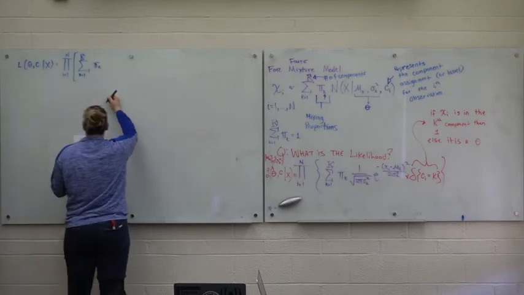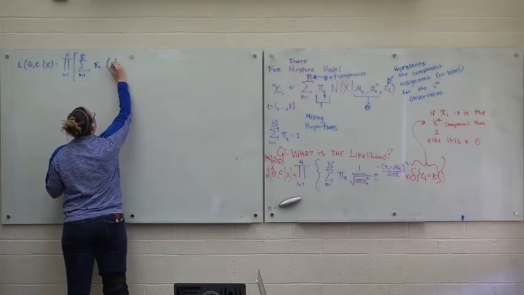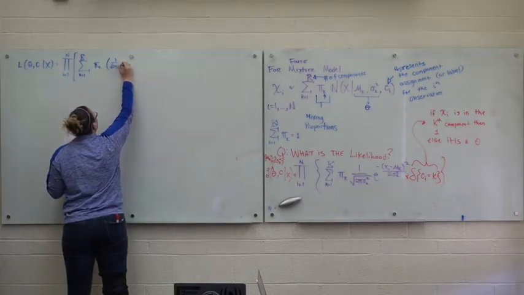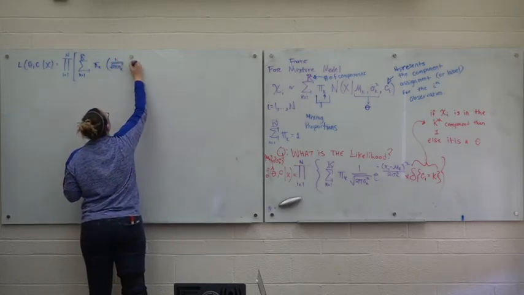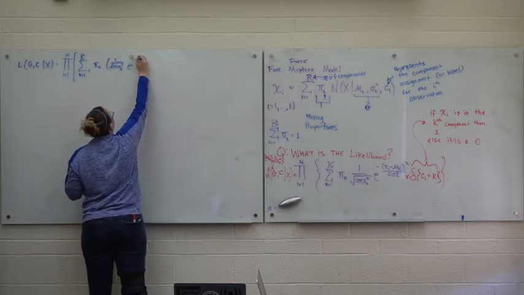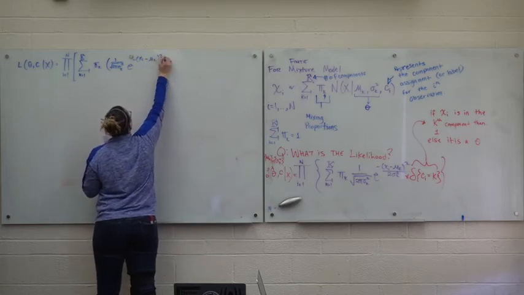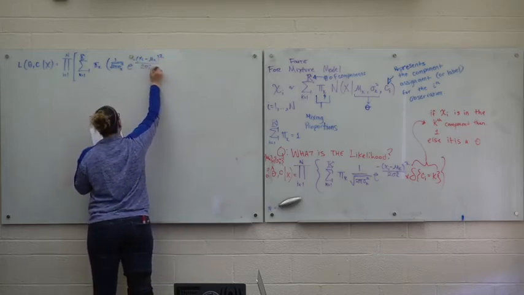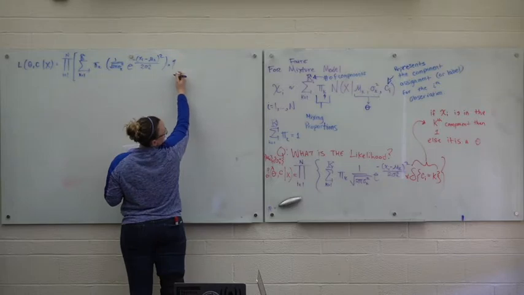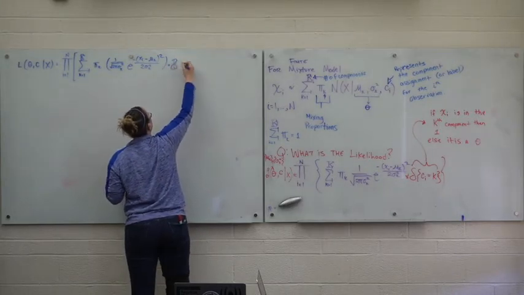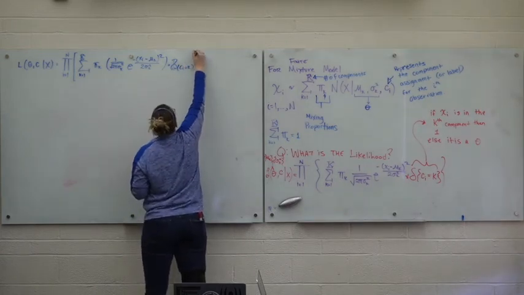Pi k, which represents our mixing proportions, then 1 over square root of 2 pi sigma squared k, times e to the exponent, multiplied by our indicator function, where c of i is equal to k, bracket.